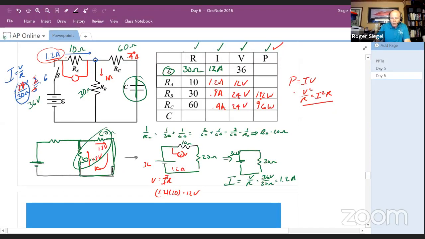When we multiply the 1.2 times the 12, we get 14.4 watts. And when we add all those together, we get 43.2 watts, which is also the product of these two, current and voltage.